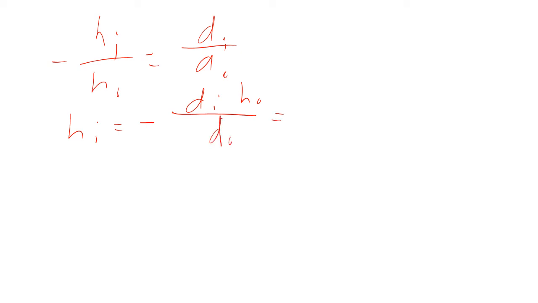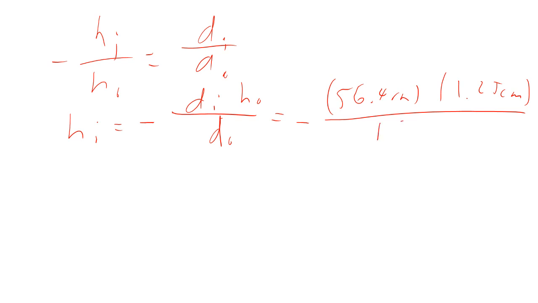So that's going to be minus 56.4 centimeters times HO, we said there was 1.25 centimeters tall, and then divide by DO. DO was 18.8 centimeters. So HI is negative.